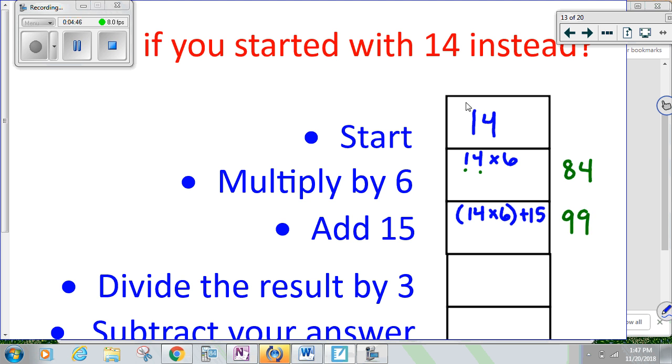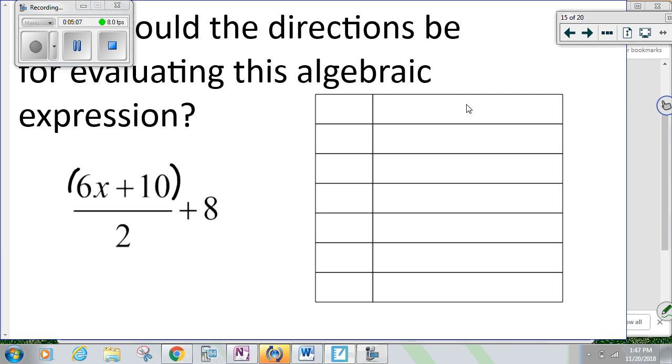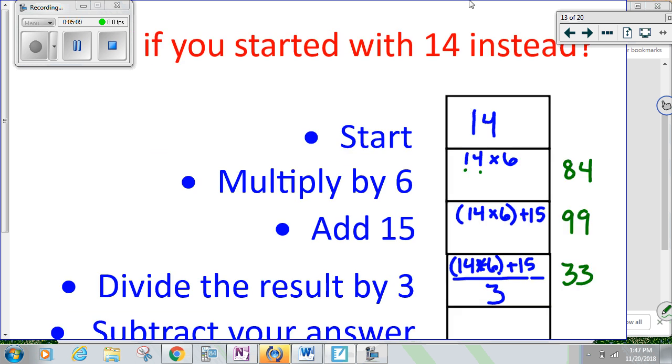I'm going to divide that result by 3. So again, 14 times 6 plus 15, dividing the result by 3. So 99 divided by 3 is 33.